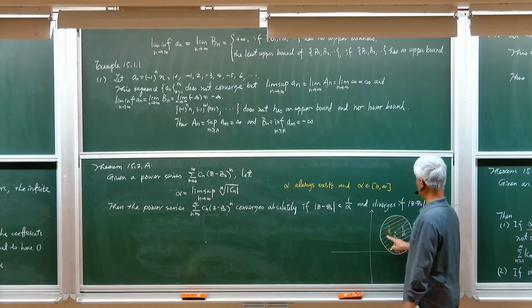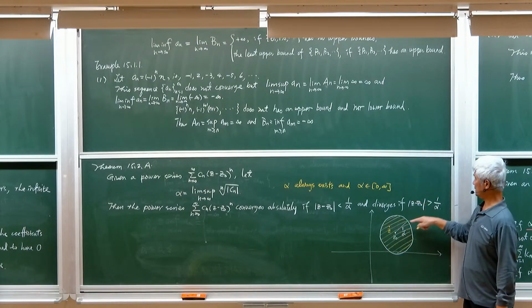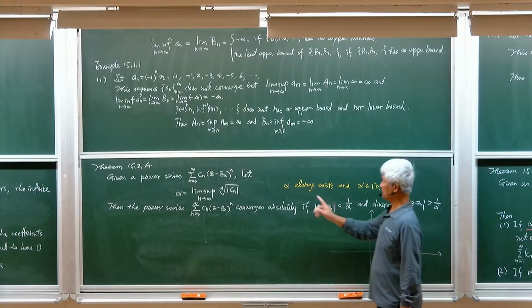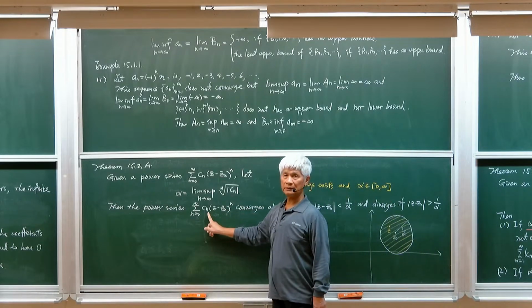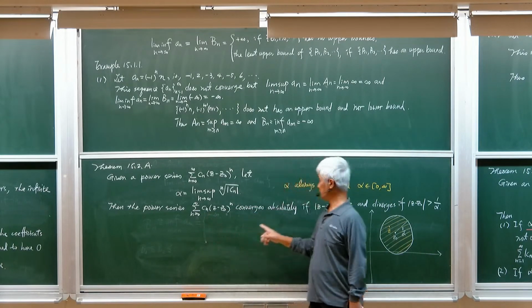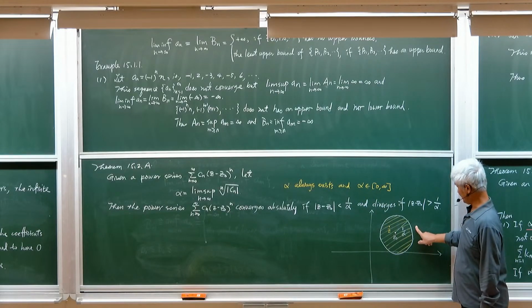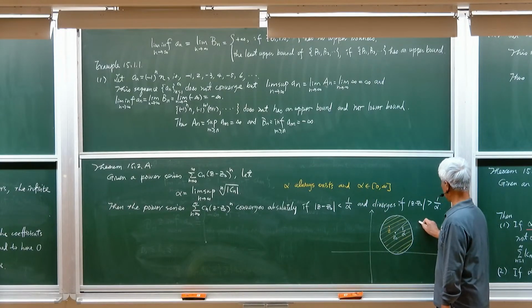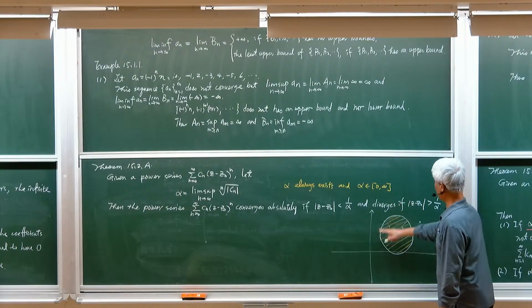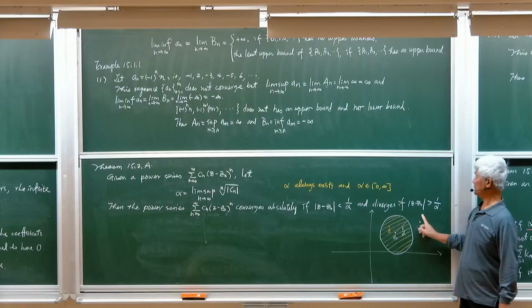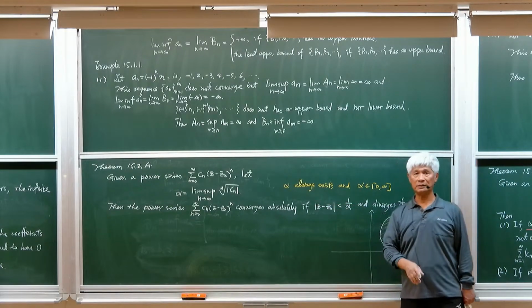For any z inside the circle, this power series will converge absolutely. But if z is outside of this circle, then the power series will diverge.